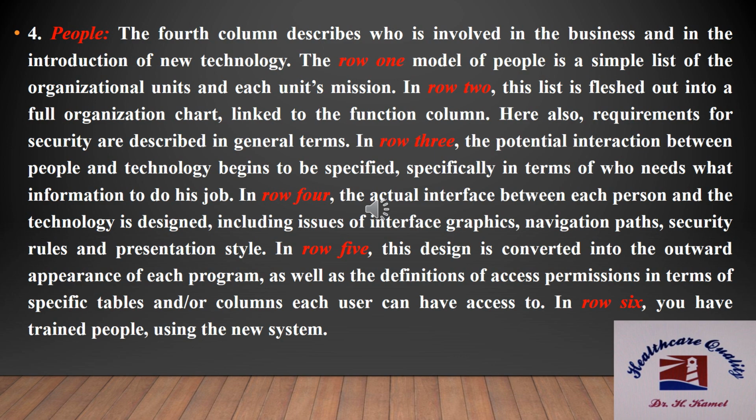In row 5, this design is converted into the outward appearance of each program, as well as definitions of access permissions in terms of specific tables and/or columns each user can have access to. In row 6, you have trained people using the new system.